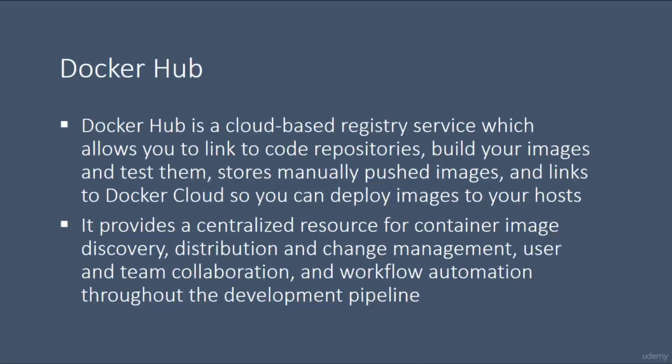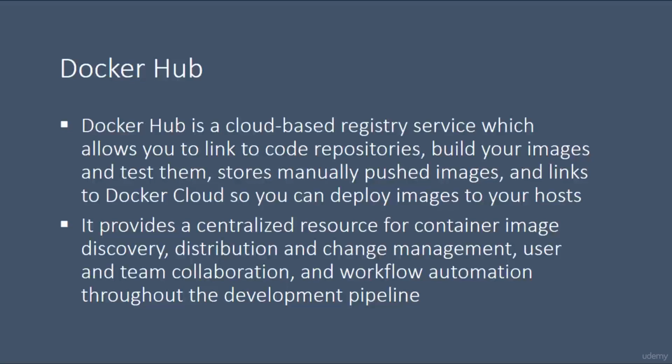Docker Hub, as I mentioned earlier, is a cloud-based registry service which allows you to link to code repositories, build your images, and test them. You can also store and manually push images and link to Docker Cloud so you can deploy images to your hosts.